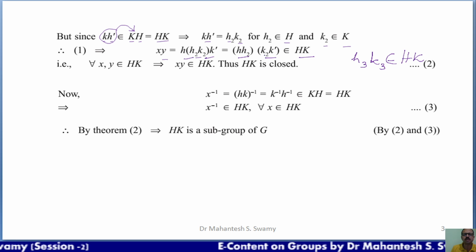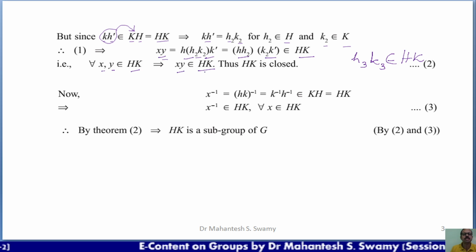So this product belongs to HK. So what we have proved is the product XY belongs to capital HK. So for any two elements X, Y belonging to capital HK, their product is also a member of HK. Thus HK is satisfying the closure law under the binary operation of multiplication.